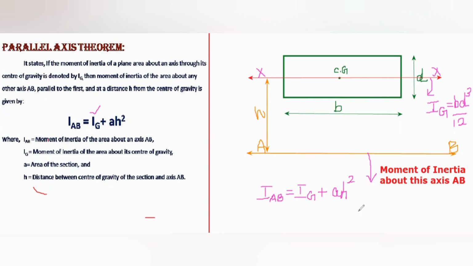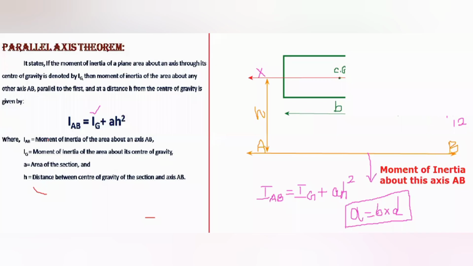Here for a rectangle we know the area will be b multiplied with d, as per the given dimension. In case you consider a y axis which passes through the center of gravity, for that also it is the same case, I just explain it here.